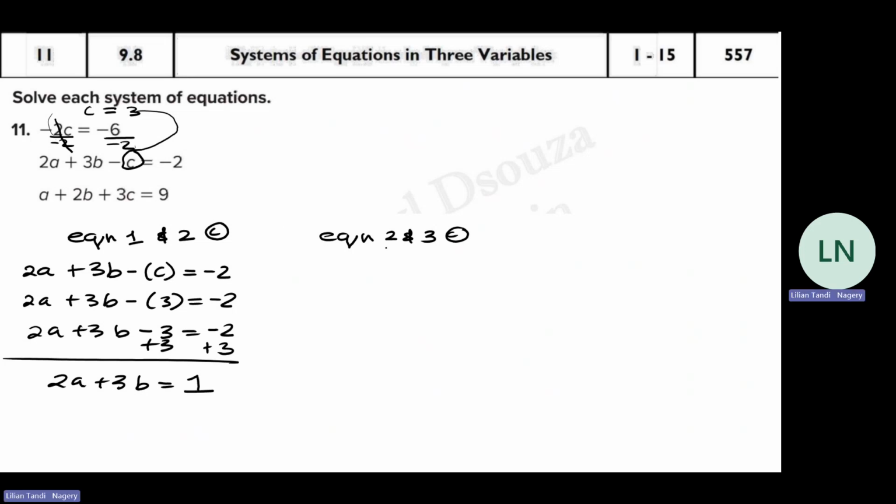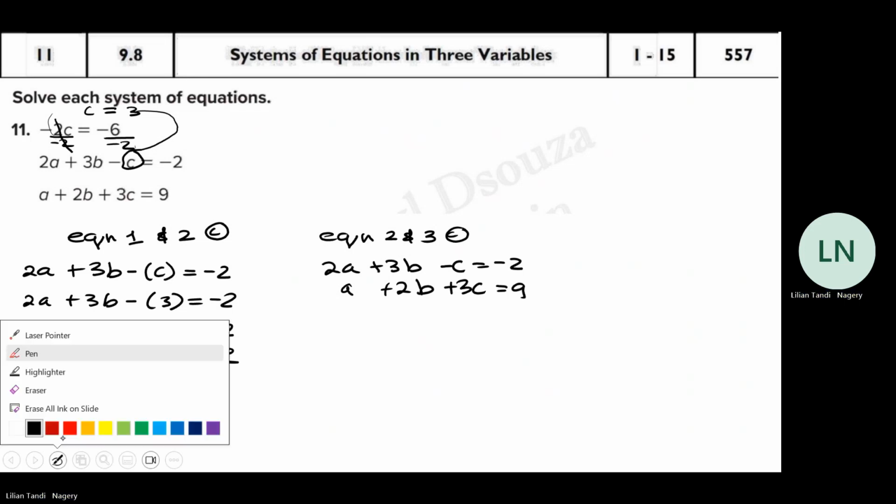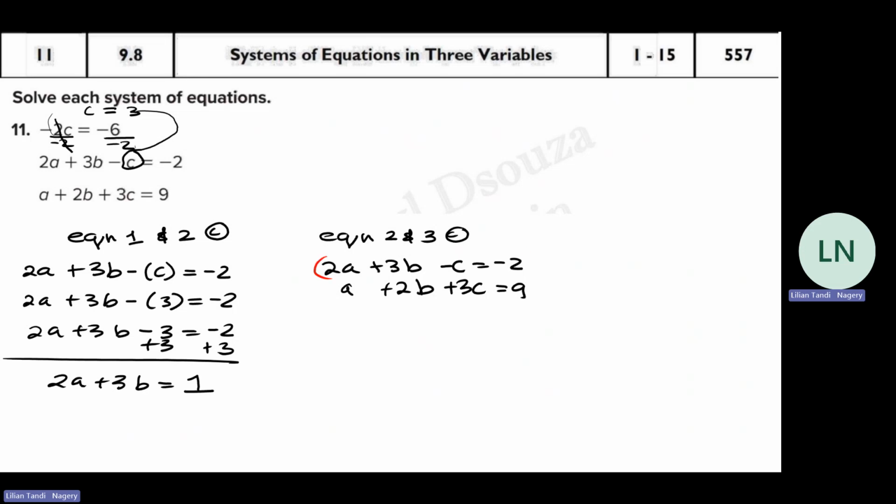Then here I am going to do 2A plus 3B minus C equals negative 2. A plus 2B plus 3C equals 9. Okay. And because I'm eliminating C, this will be 3 and this will be negative 1. 6A, negative A. 9B, negative 2B.